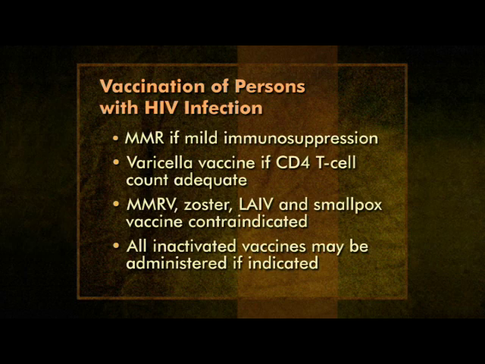MMRV, zoster, live attenuated influenza vaccine, or LAIV, and smallpox vaccine should not be given to persons with HIV infection regardless of symptom status. HIV infection is a precaution to the use of rotavirus vaccine. All inactivated vaccines may be administered to a person with HIV infection if indicated.